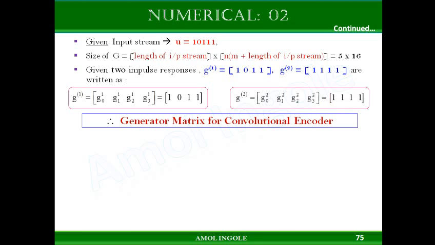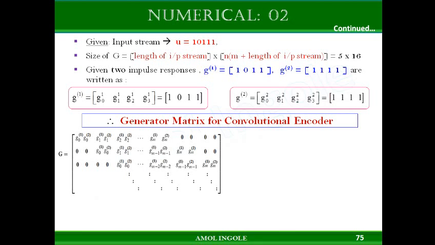Let us construct the generator matrix for the convolution encoder. This is what we have already discussed, how the first row of the generator matrix is obtained by interlacing the generator sequences. So if you try to construct the first row of the generator matrix by interlacing the generator sequences G1 and G2 like this, first bit of G1 is 1, first bit of G2 is 1.